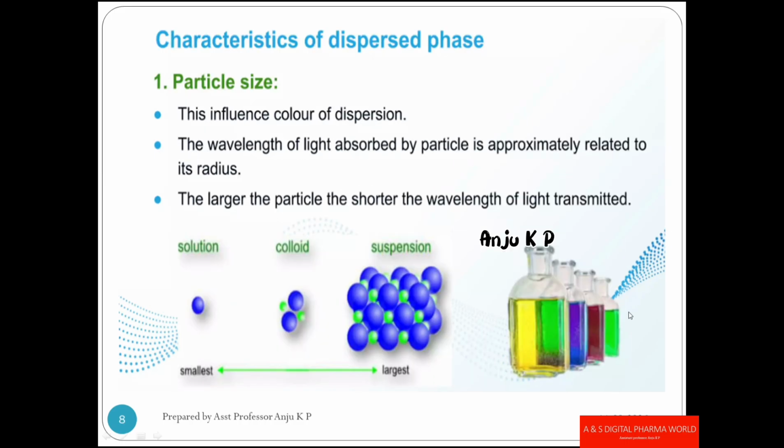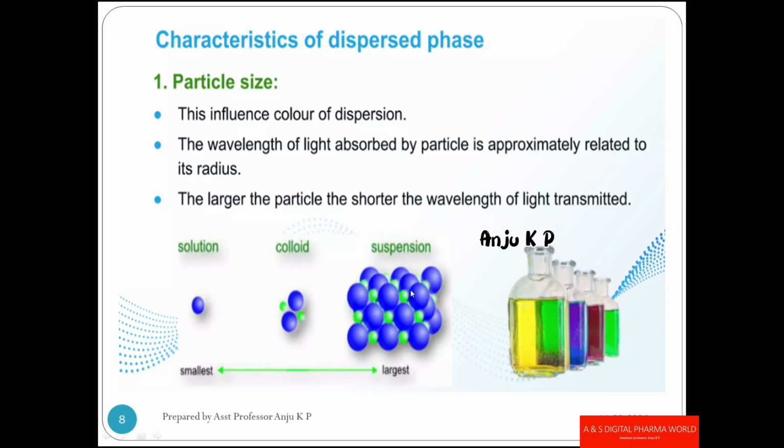Now we will see the characteristics of the dispersed phase. First, the particle size. The color of the dispersion is determined by the particle size. The wavelength of light absorbed by a particle is approximately related to its radius. The larger the particle size, the shorter the wavelength of light transmitted. In the picture you can see particles from smallest to largest.